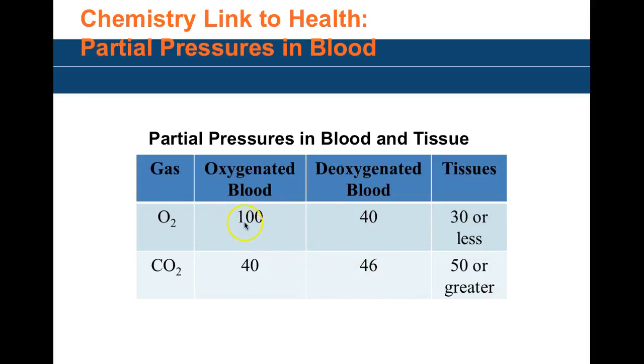Oxygenated blood is pretty high in oxygen and moderately high in carbon dioxide. The deoxygenated blood has a little bit higher carbon dioxide and less oxygen. In the tissues, oxygen is very much less, but carbon dioxide is quite high.